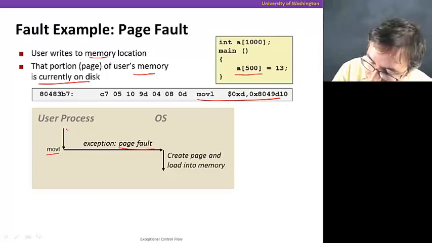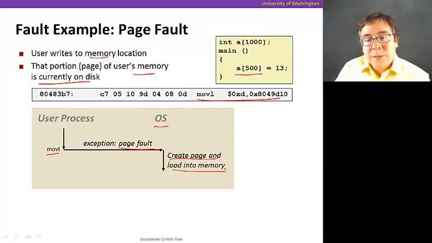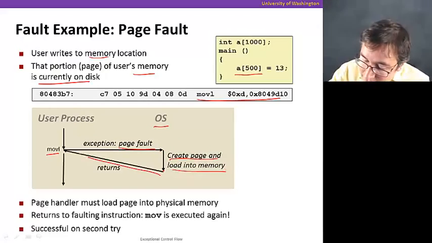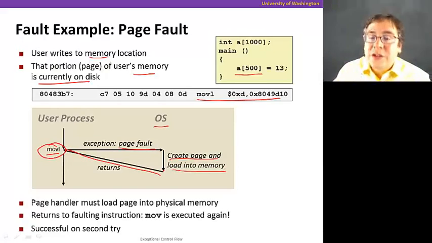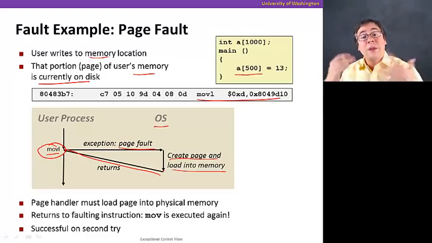That transfers control to the operating system, which is going to create the page and load it into memory. And whenever that's done, note that the difference now is that it's going to re-execute the memory access, because now the page is there.